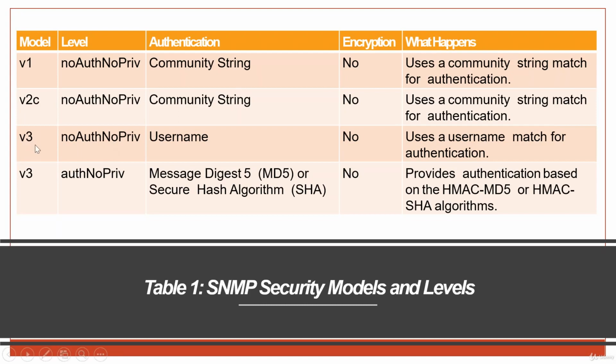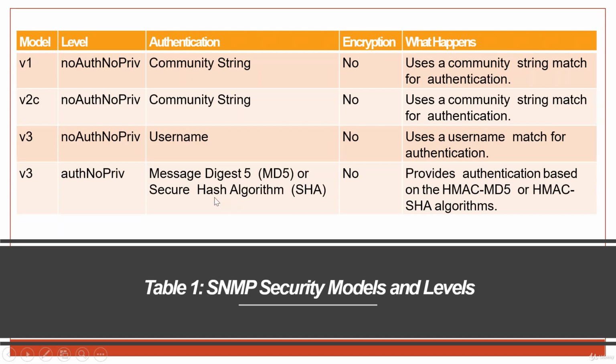So inside V3, it is not only supporting authentication and encryption, but they have the no auth, no priv method as well. So you can do username matching for the authentication. Then you have auth, no priv. Auth means authentication, no privacy.